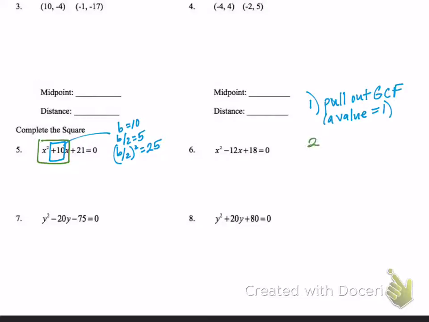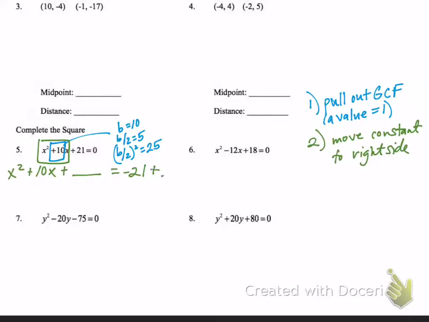So the second thing that I do is I move the constant to the right side. So I would write this as x squared plus 10x plus blank equals negative 21 plus blank.